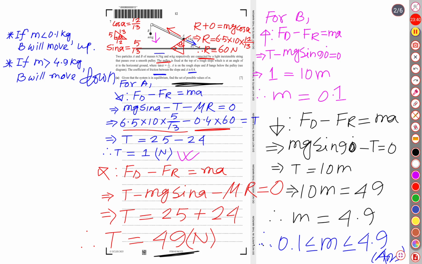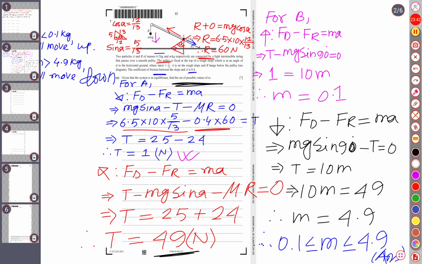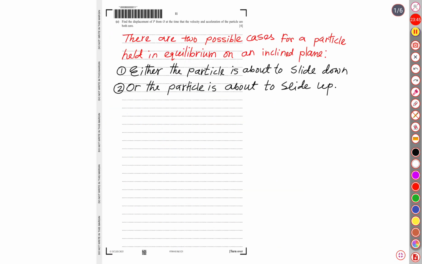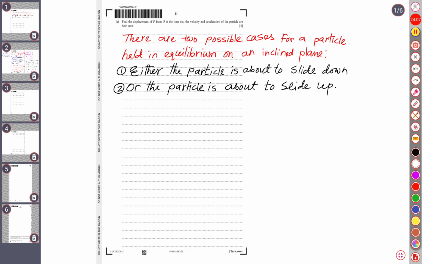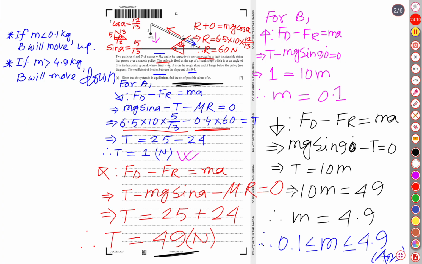Once again, the first concept we applied at the beginning is that there are two possible cases for a particle held in equilibrium on an inclined plane. Remember, you should not forget this. Either the particle is about to slide down or the particle is about to slide up. So in both cases you will have to resolve the forces. If you can do so, I believe it will never be a difficult task for you.